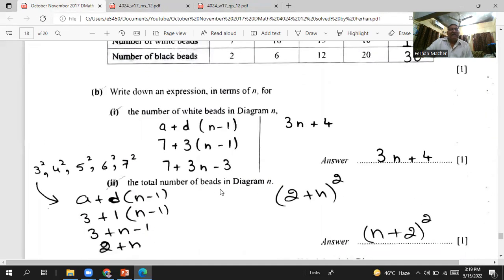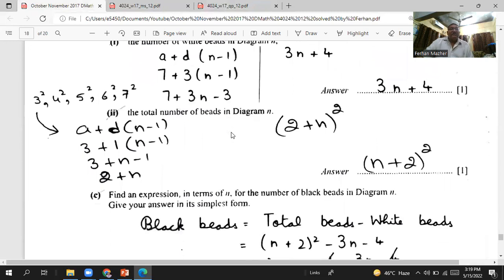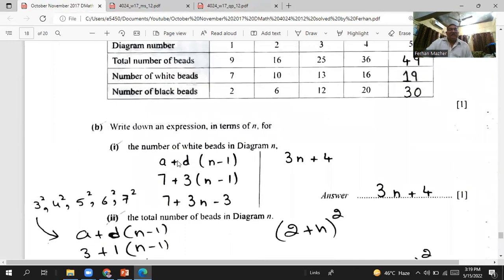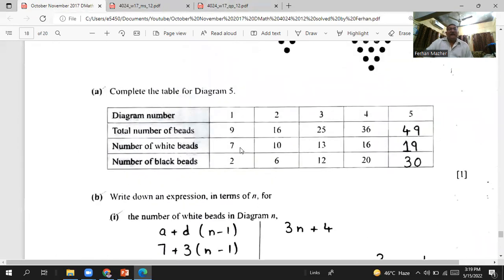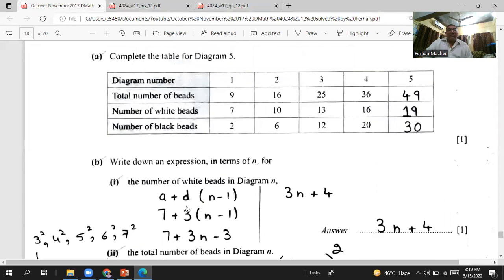We are done with that, and it says 9, 16, 25, 36. Then the number of white beads in the diagram is 7, 10, 13, 16, 19. So we add 3, a plus d bracket n minus 1. So 7 plus 3 bracket n minus 1, so it will be 7 plus 3n minus 3. So you will have 3n plus 4.